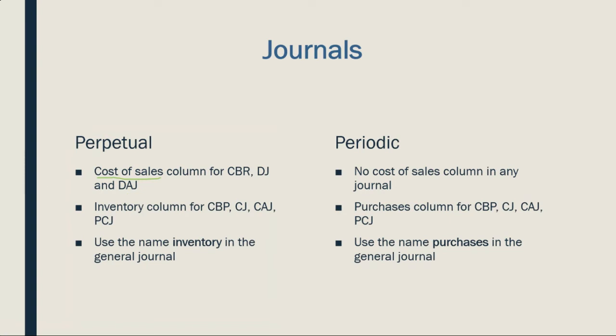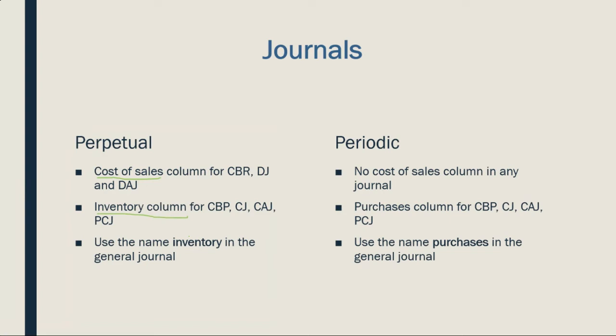Then we will have an inventory column, but only in the cash book payments, creditors journal, creditors allowance journal, and the petty cash journal. In those you will find an inventory column when we purchase inventory, whether it's for cash or on credit for the first two. And when we return any inventory, it would go to the CAJ.